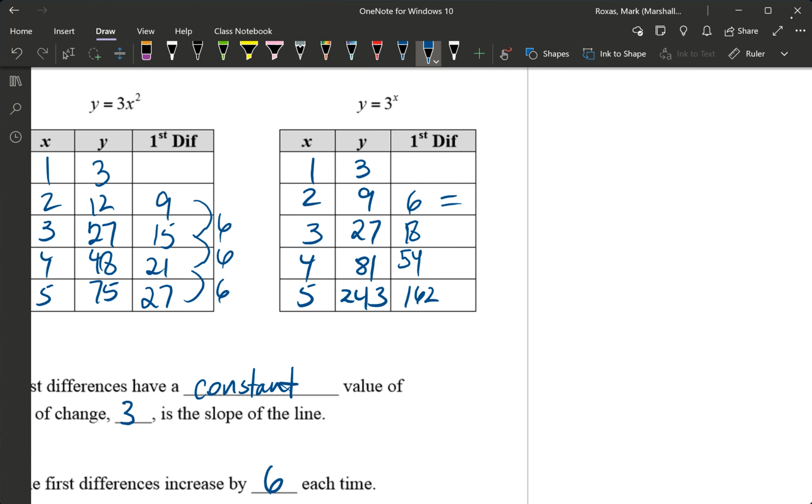What is 6? Well, 6 is just 2 times 3 to the 1. And then 18 is 2 times 3 squared. What about 54? 2 times 3 to the power of 3. The last one, 2 times 3 to the power of 4. Just keep multiplying by another factor of 3.